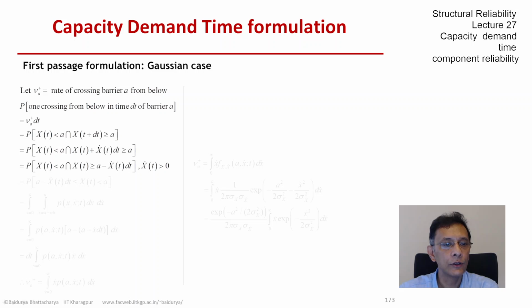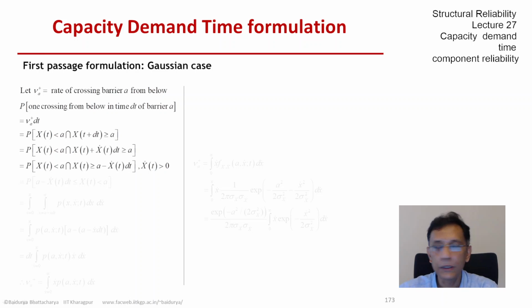And we could do some rearranging, and we emphasize the fact that x dot t is non-negative because that is consistent with our assumption that we are talking about up-crossing. So we are talking about crossing the barrier from below.